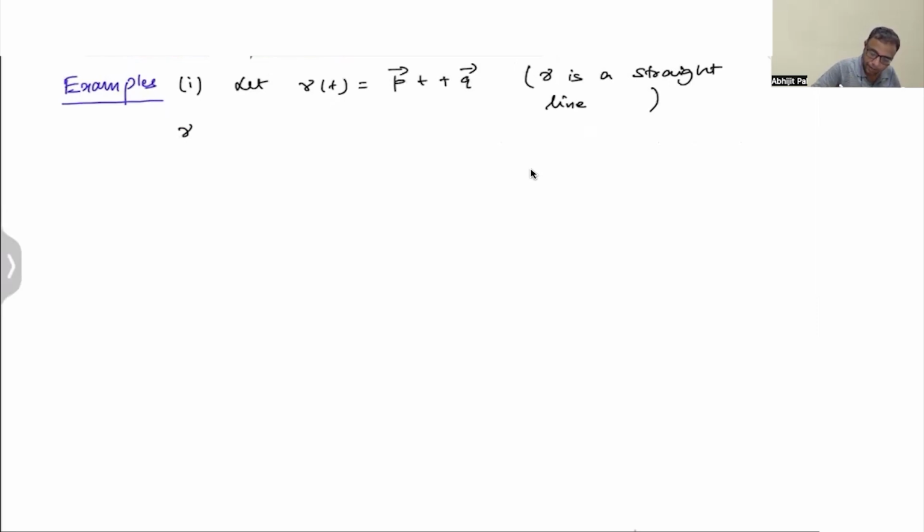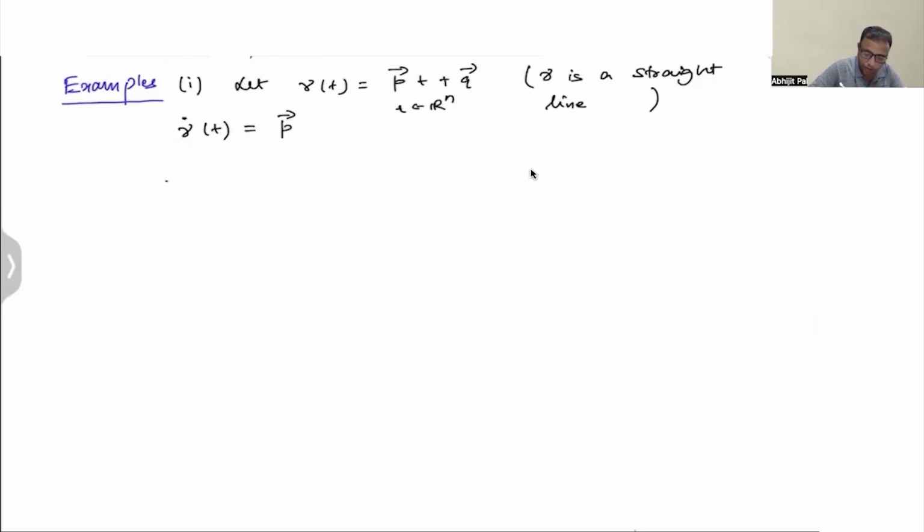So I can compute the velocity vector, which is constant. And this straight line can be in Rn also. So as t varies, we'll get a straight line in Rn.